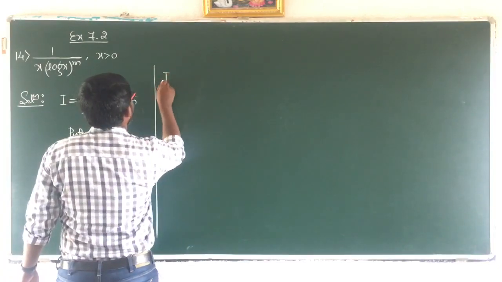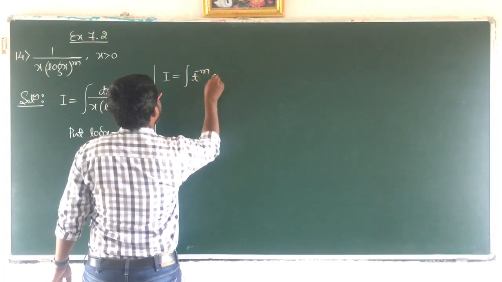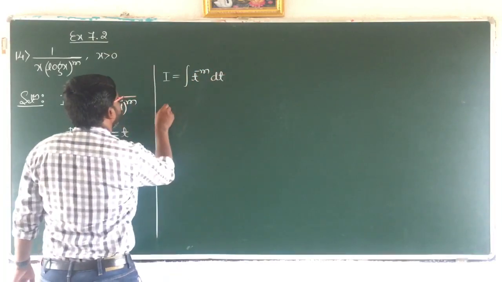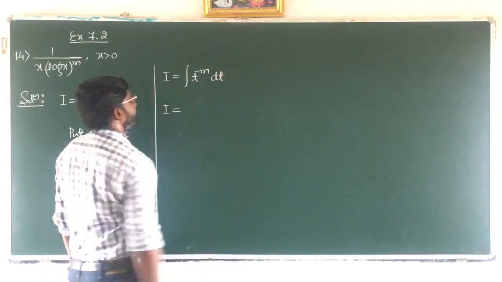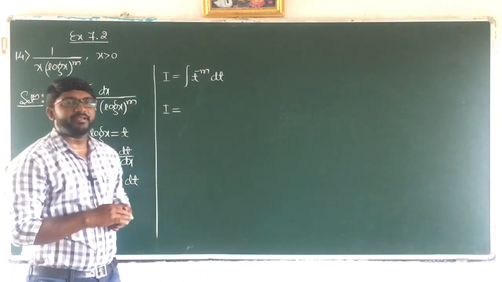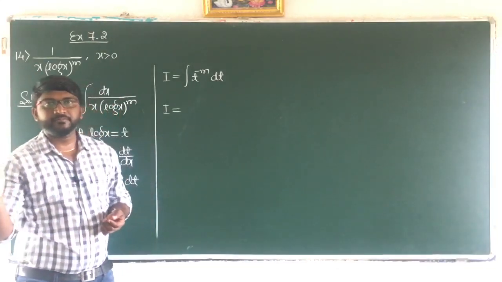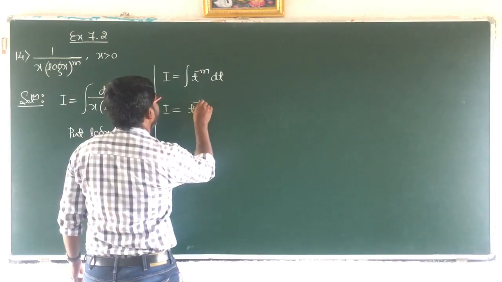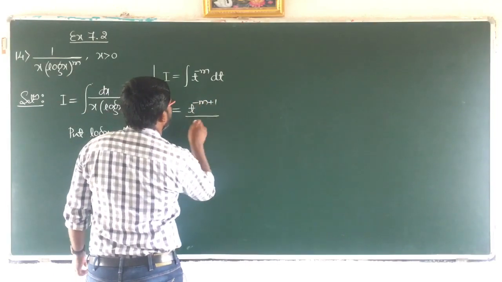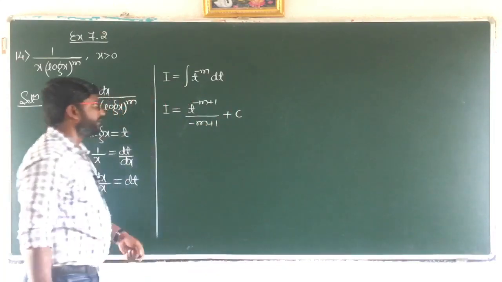I equals integral t raised to minus m dt. What is the integral of t to the power minus m? It is t raised to minus m plus 1 divided by minus m plus 1, plus c. What is t now?